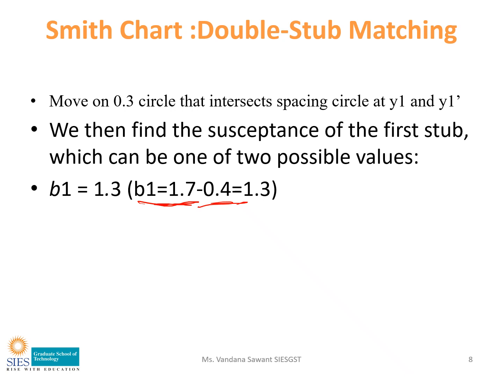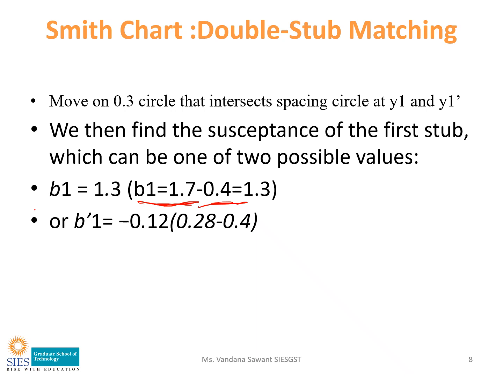So the susceptance of the first stub, b1, is 1.7 minus 0.4, that is equal to 1.3. Similarly, the jx value of y1 dash is 0.28 and the jx value of yl is 0.4.